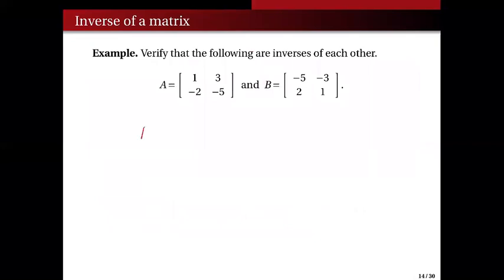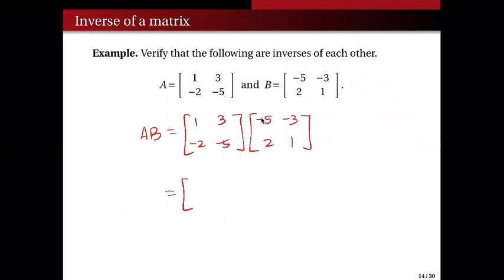So let's have AB. AB is 1, 3, negative 2, negative 5 times negative 5, negative 3, 2, 1. If we do the multiplication, first row, first column: 1 times negative 5 is negative 5, plus 3 times 2 is 6. First row, second column: 1 times negative 3 is negative 3, plus 3 times 1 is 3.